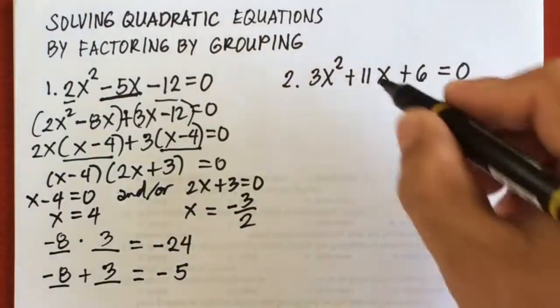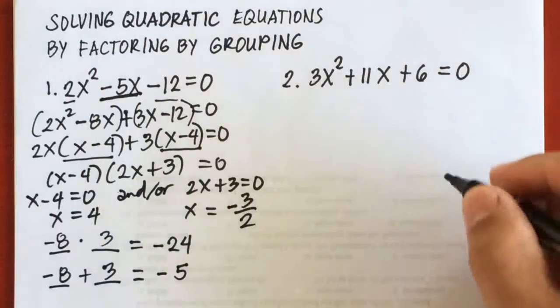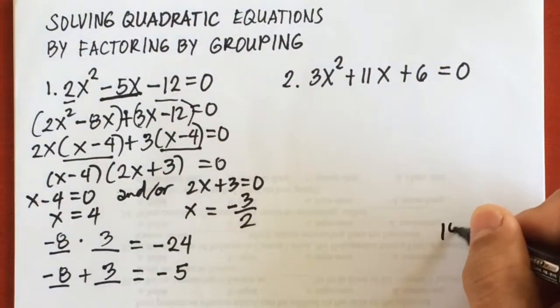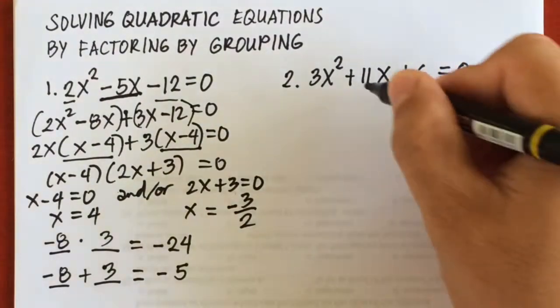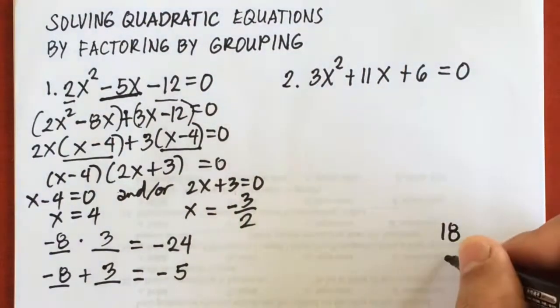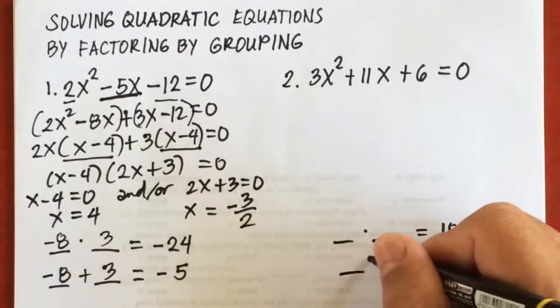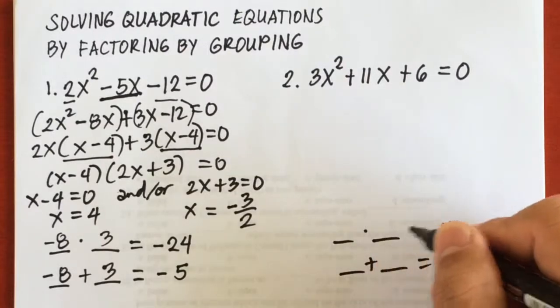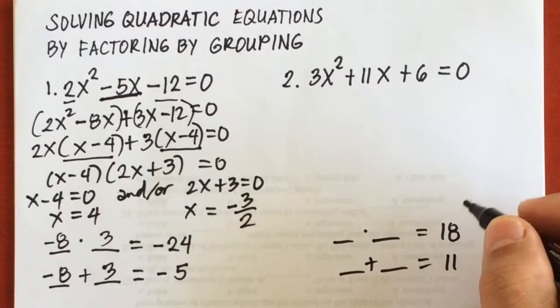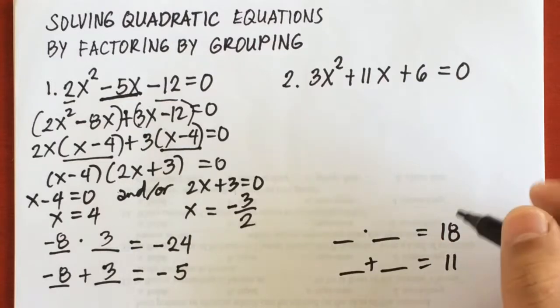Then for number 2, 3 times 6 is 18, and the numerical coefficient of x is 11. So we're going to find two numbers. If we multiply, the answer will be 18, and if we add, the answer will be 11.